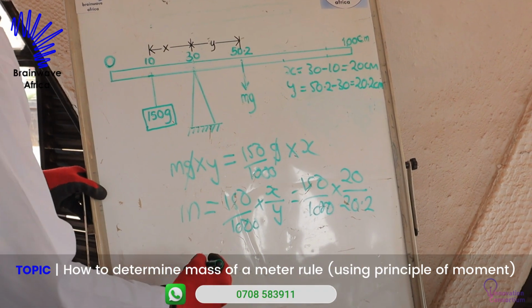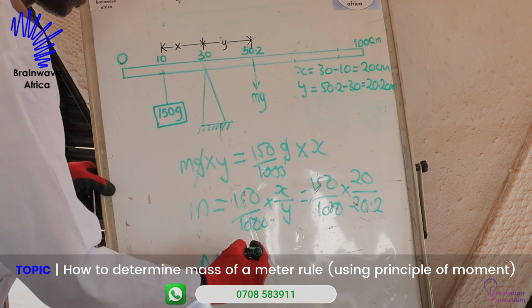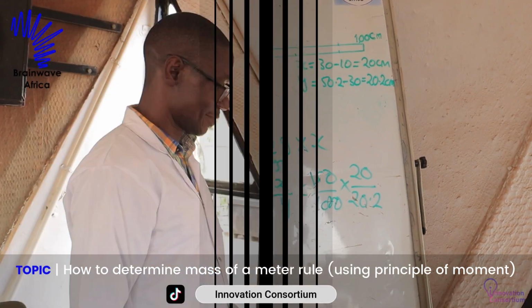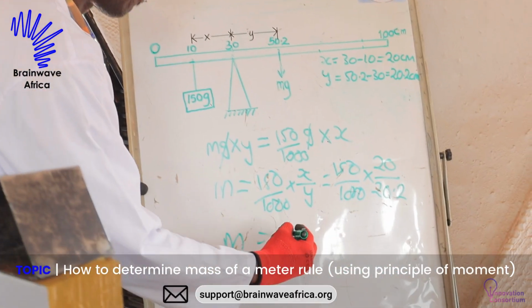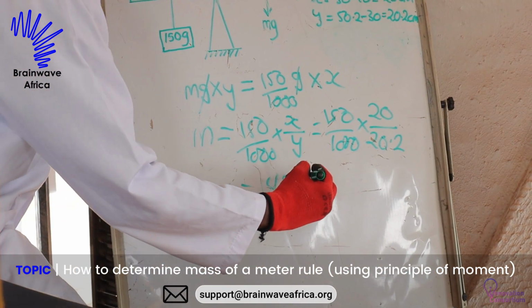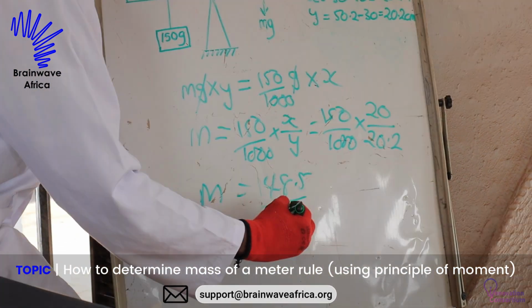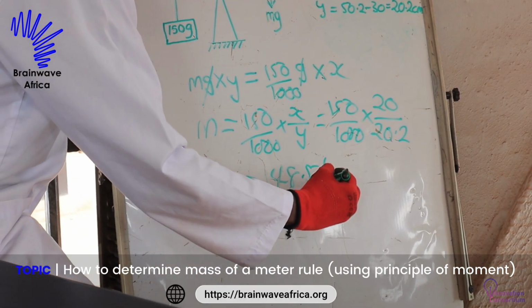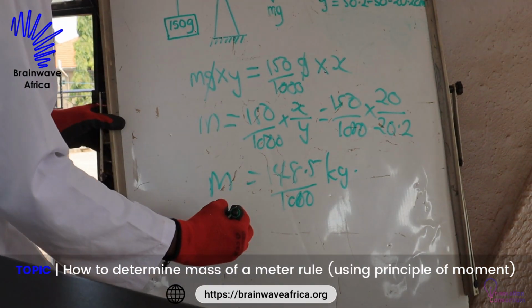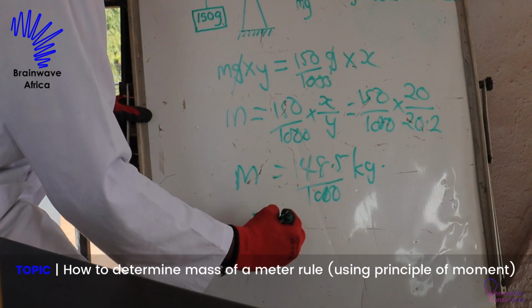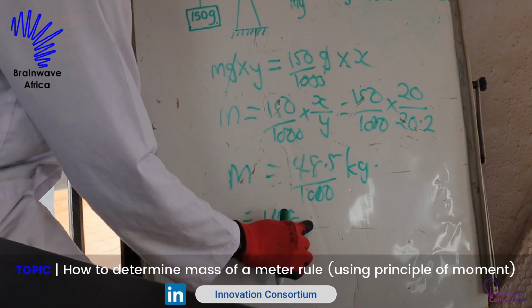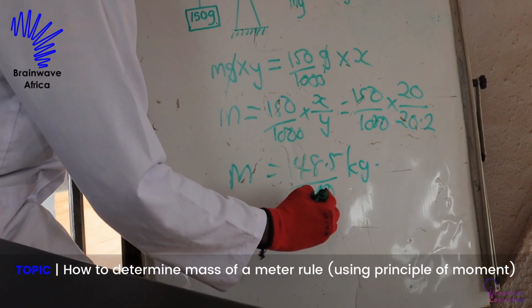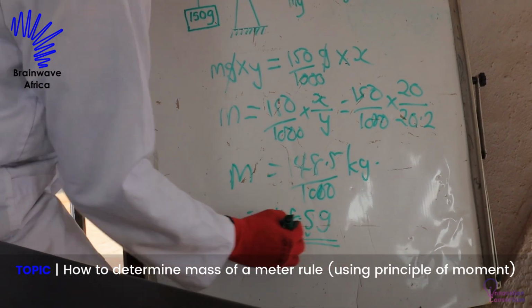Therefore, M equals 148.5 over 1000 kilograms, which we can write as 148.5 grams.